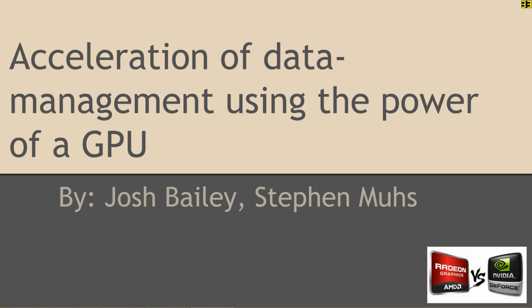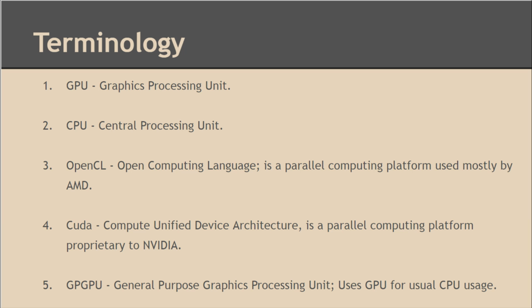We did our presentation on acceleration of data management using the power of a GPU. Here's a list of some terminology that we'll be using throughout this presentation. GPU is your graphics processing unit. CPU is the central processing unit. OpenCL stands for Open Computing Language.